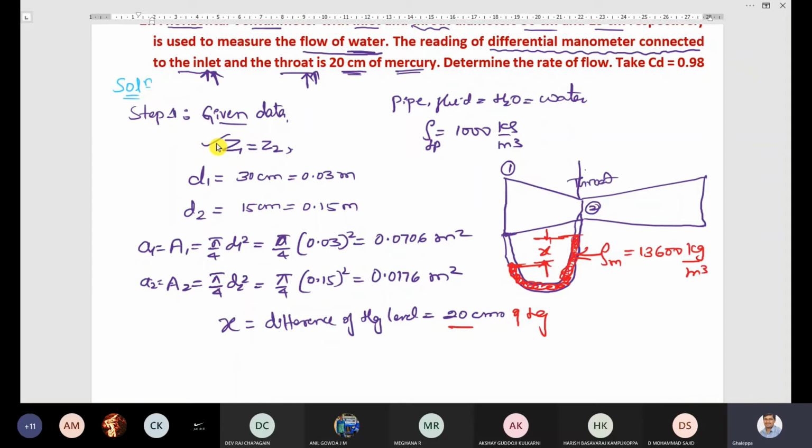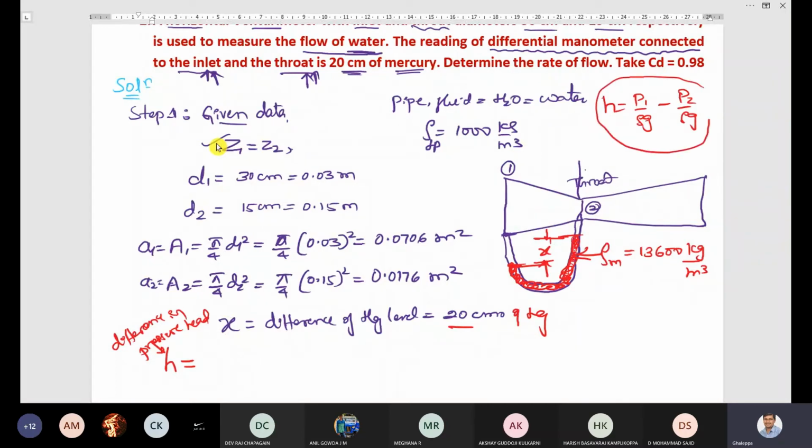After this, you need to be careful in choosing the equation for height. H is the difference in pressure head. In the previous problem, we calculated H is equal to P1 by rho g plus Z1 minus P2 by rho g plus Z2. This is the one formula for calculating the difference in pressure head.